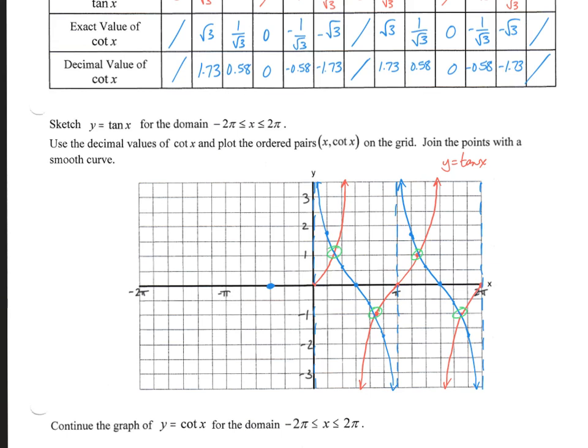I would then hit my next 0 at negative pi, which means I have an asymptote on my cotangent. And I can continue working my way back on where would I have asymptotes, and therefore where would I have zeros, all the way back to negative 2 pi.